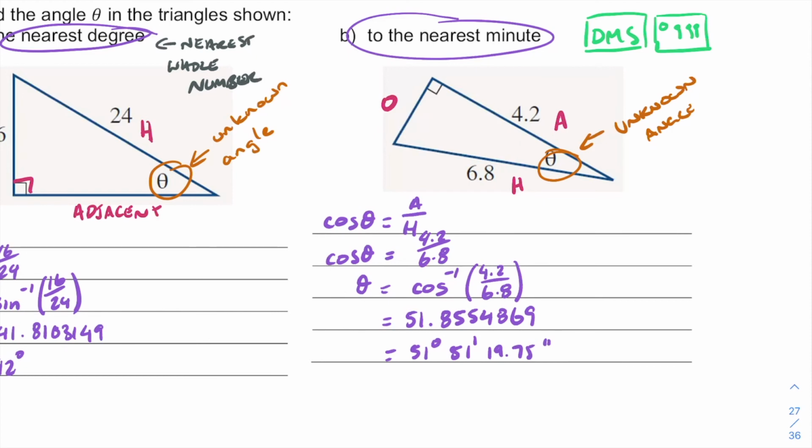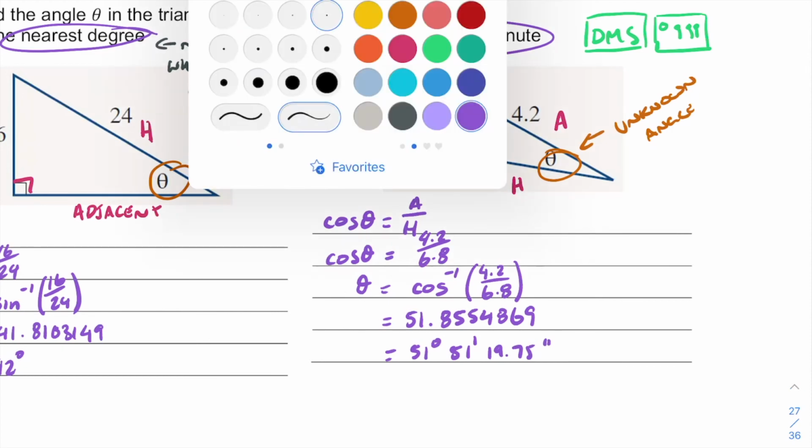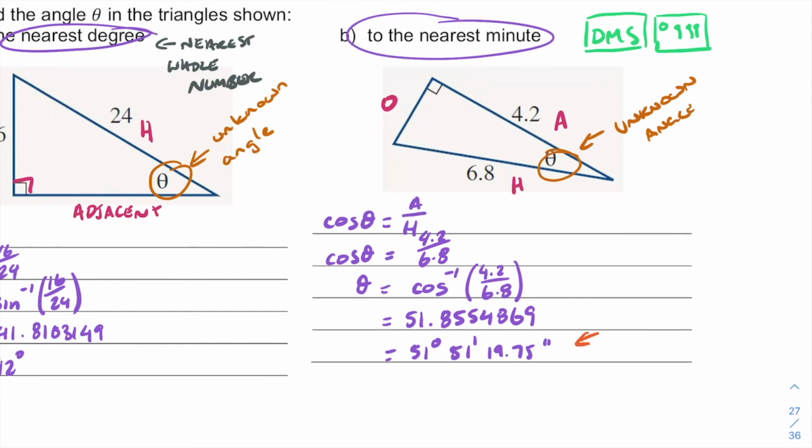Now, what we're going to be doing in here is looking for halfway, which is 30 for this one. So we're looking for what's less than 30 or more than 30. This one here is what we're looking for, nearest minute.